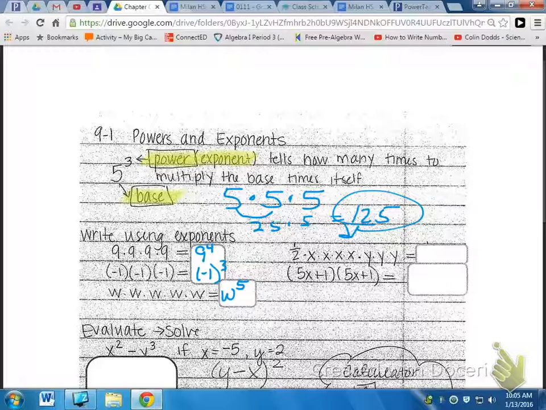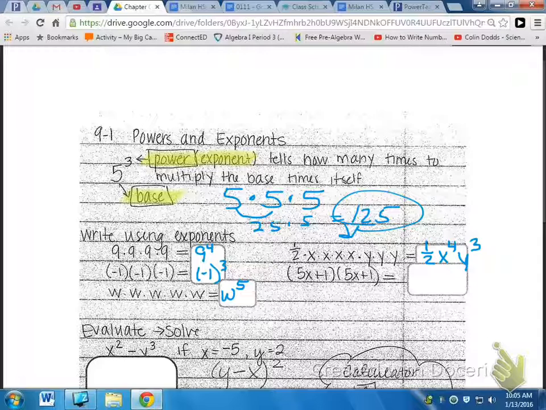Any ideas? Nobody has any ideas. Stephen? X to the 4th times y to the 3rd times 1/2. Okay, the 1/2 would be in front. It's like the coefficient. So 1/2 x to the 4th, y to the 3rd would be how you write that.